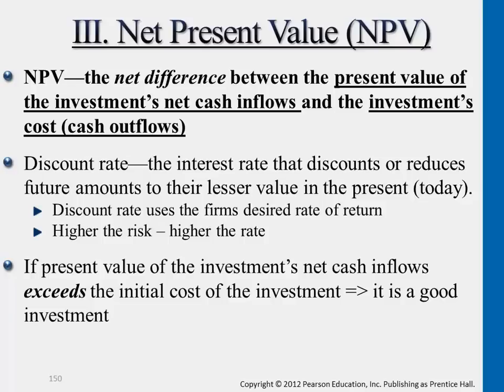The difference between that present value and the initial cost is what we consider NPV. So the decision rule, again, is that at least it has to be a positive number, and then you compare between different projects, which one of them gives you the highest NPV.